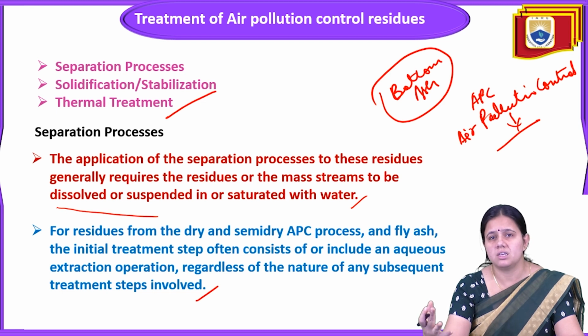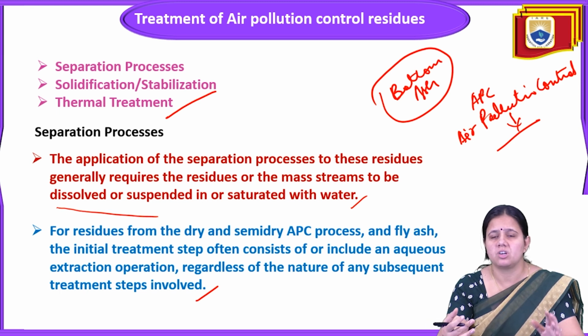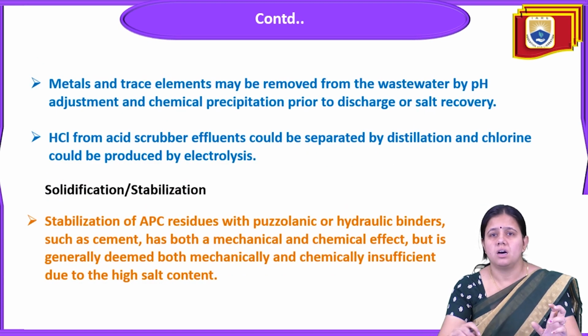So this separation process will basically be followed for the air pollution control residue that comes out from the thermal treatments, either from the electrostatic precipitator or bag filters, all these processes. So this separation process, solidification, or sometimes stabilization, sometimes thermal treatment will be there. Next, in the bottom ash, some metals and trace elements are there.